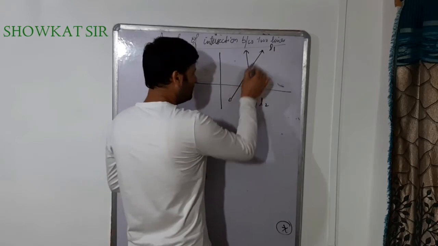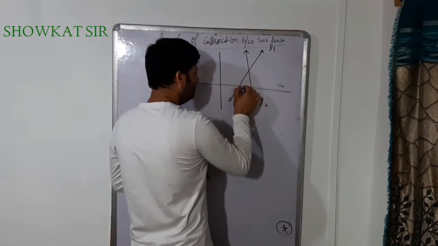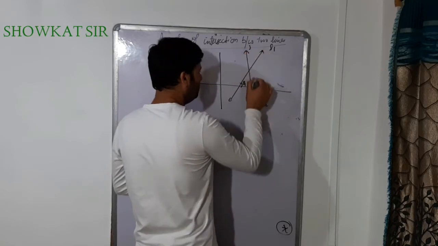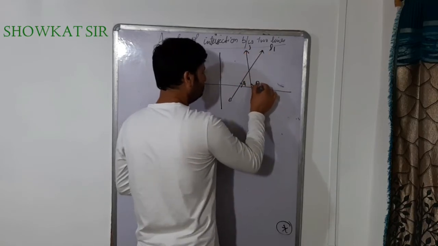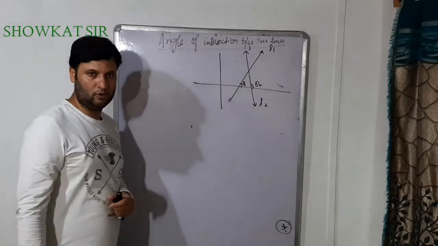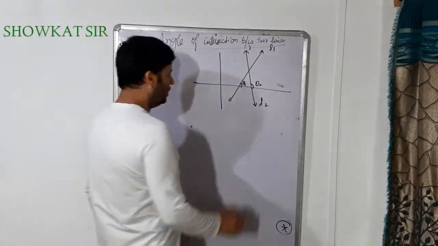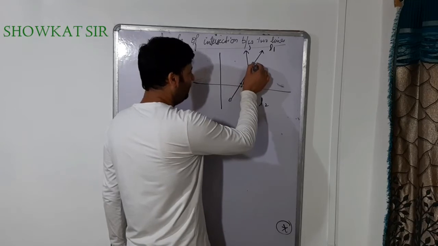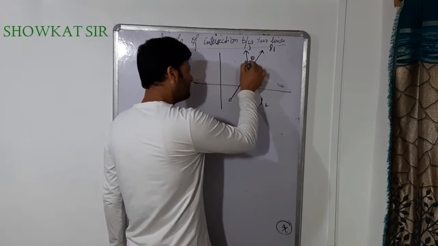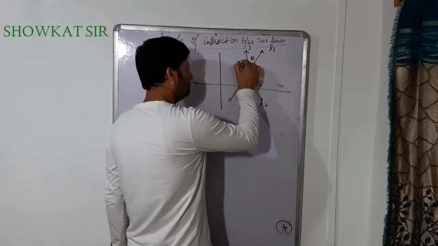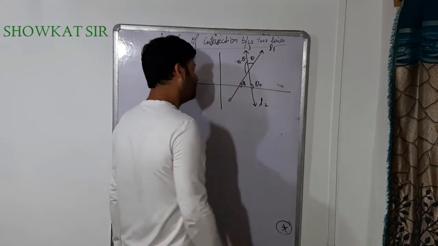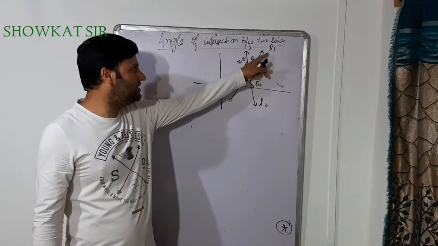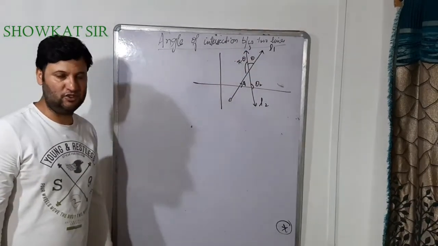Let the inclination made by line 1 be theta 1, and the inclination made by line 2 be theta 2. Now here we have two angles of intersection. One angle is theta, the second one is pi minus theta. So we have to determine this angle of intersection between these two lines, L1 and L2.